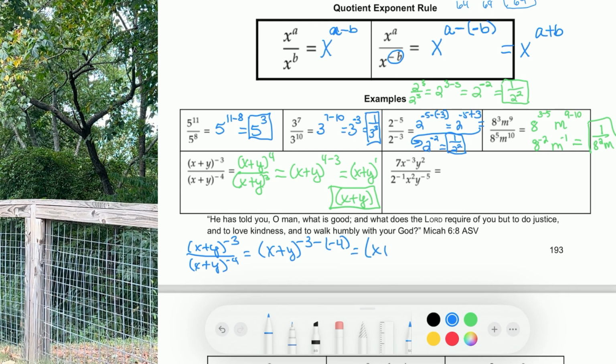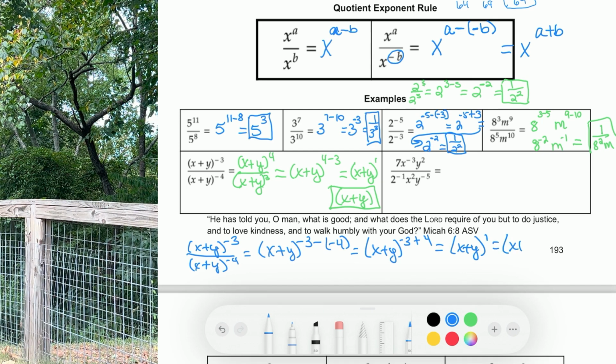I end up with x plus y, and then I have a -3. I'm going to do keep, change. So -3 plus 4, and I end up with x plus y. -3 plus 4 is a positive 1, which is just x plus y. So again, it just shows you that depending on which route makes the most sense to you, both routes get you to the same answer.